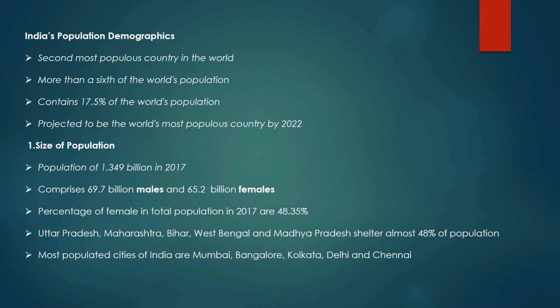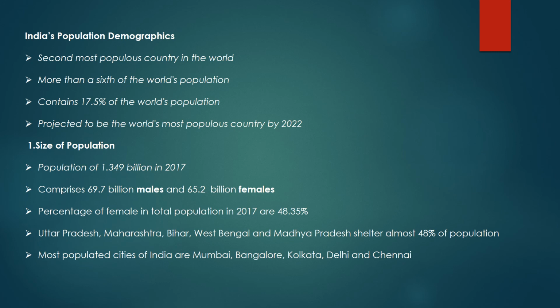To start with India's population demographics, India is the seventh largest country in the world in terms of its geographical area, but is the second largest country in the world in terms of its population. The population of India in 2017 has been 1.35 billion.